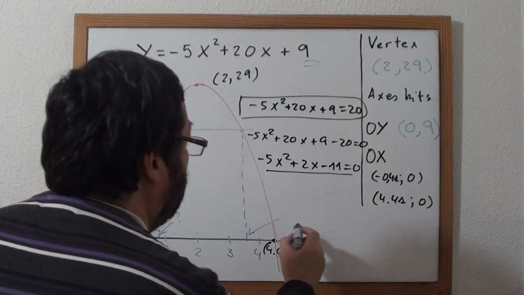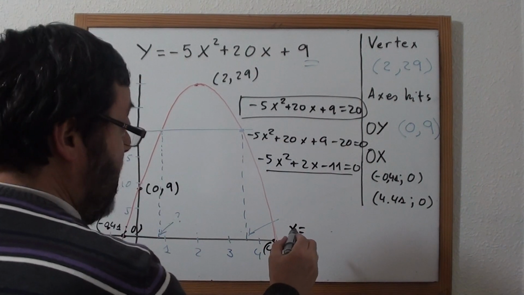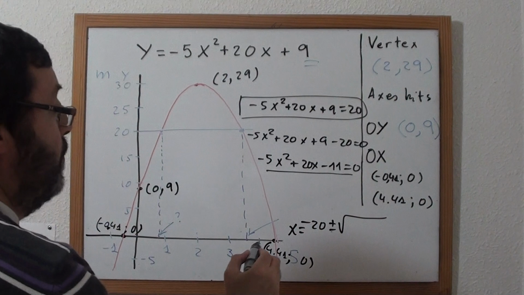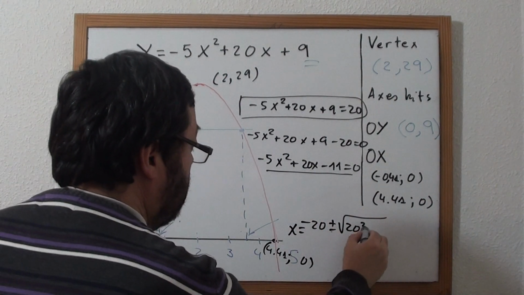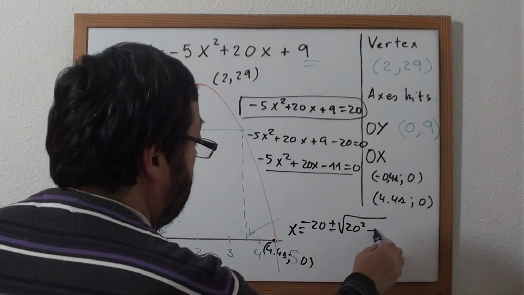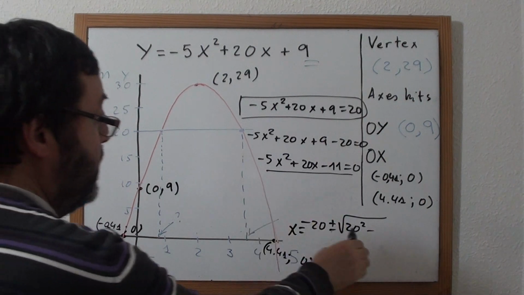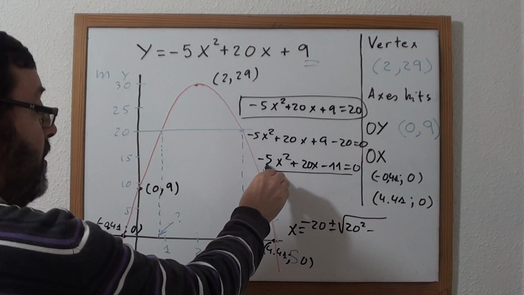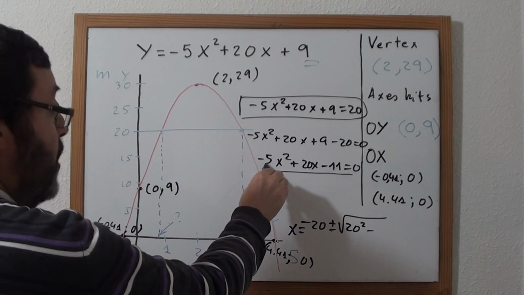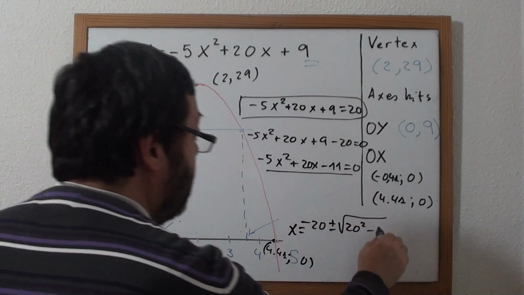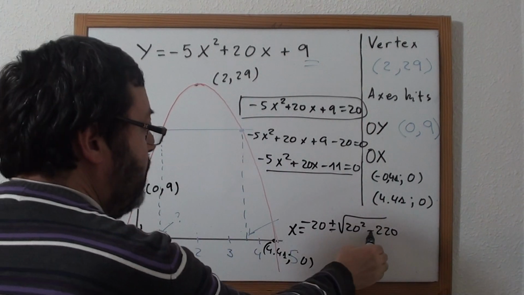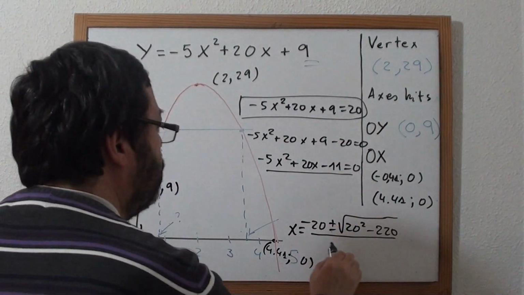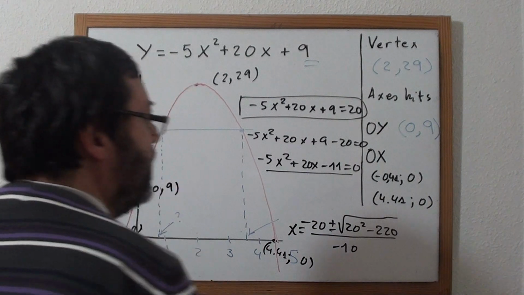Let's make room here, and x equals minus b, so sorry, this is 20, minus 20 plus minus the square root of b squared, so 20 squared, which will be 400, the same as before, minus 4 times a times c, so minus 4 times negative 5 times negative 11, it would be minus 220, divided by 2a, 2 times negative 5, so that would be negative 10.